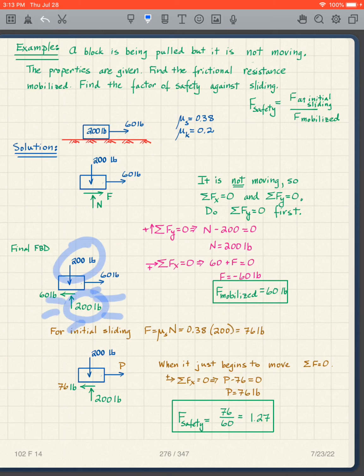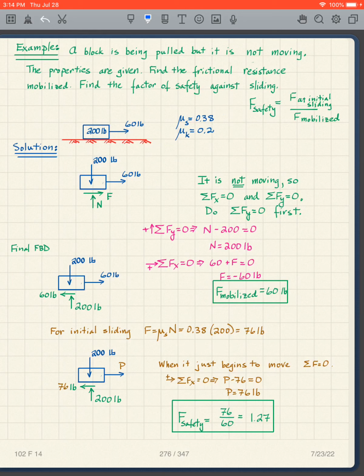It's the N. The N is very clearly, so don't get confused. It's that N right there, not the weight here. I mean, they happen to be the same in this case, but when we start looking at other problems, it's not going to be the same. So 0.38 times the 200, the 0.38 comes from there, gives us 76 pounds.